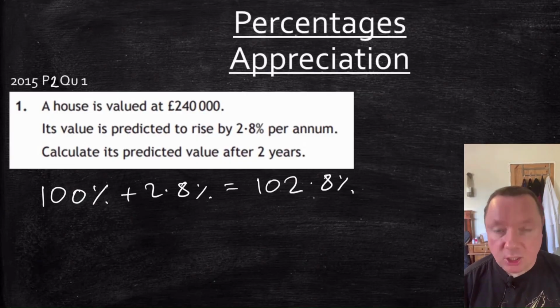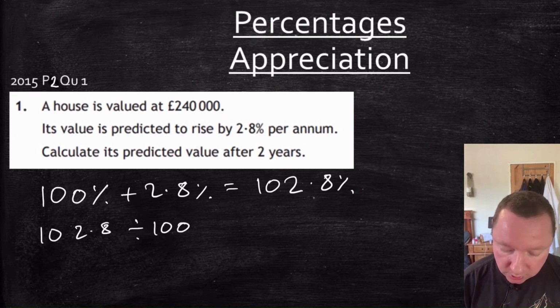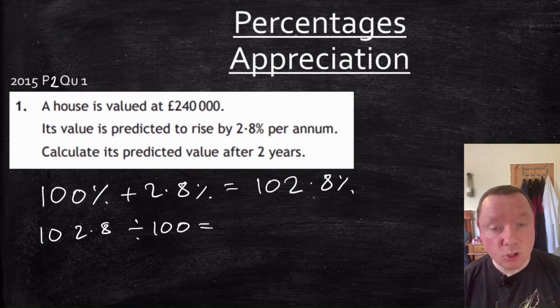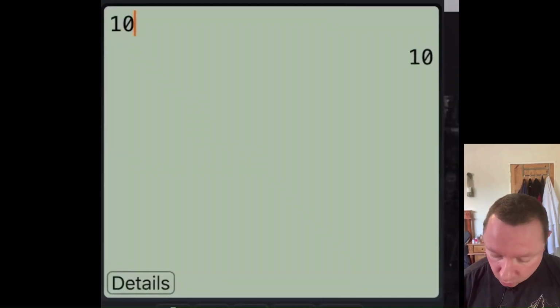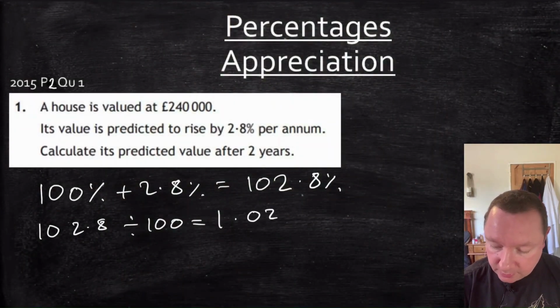So that gives me 102.8%. Now we need to change that to a decimal. So we'll do 102.8 divided by 100. And to be safe, I'll use a calculator. 102.8 divided by 100, 1.028.